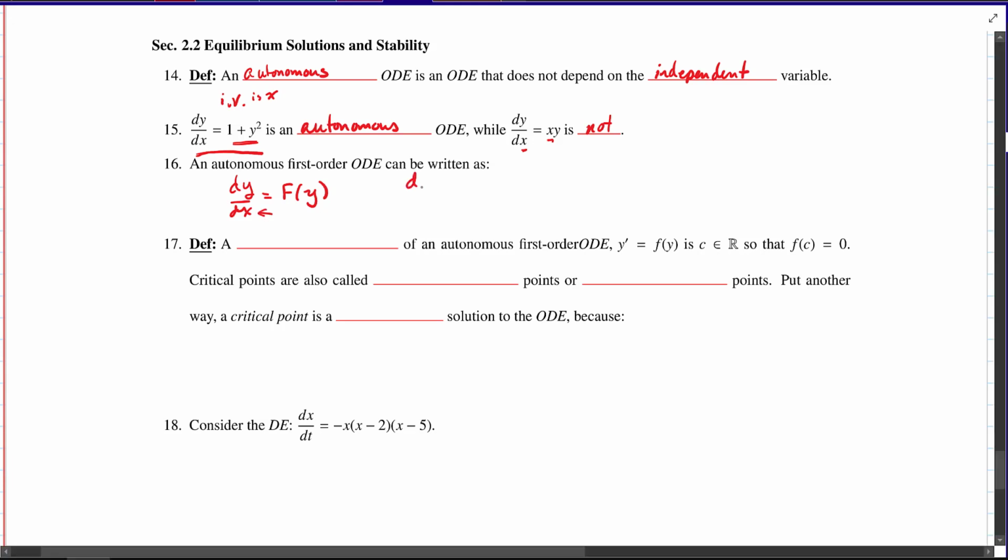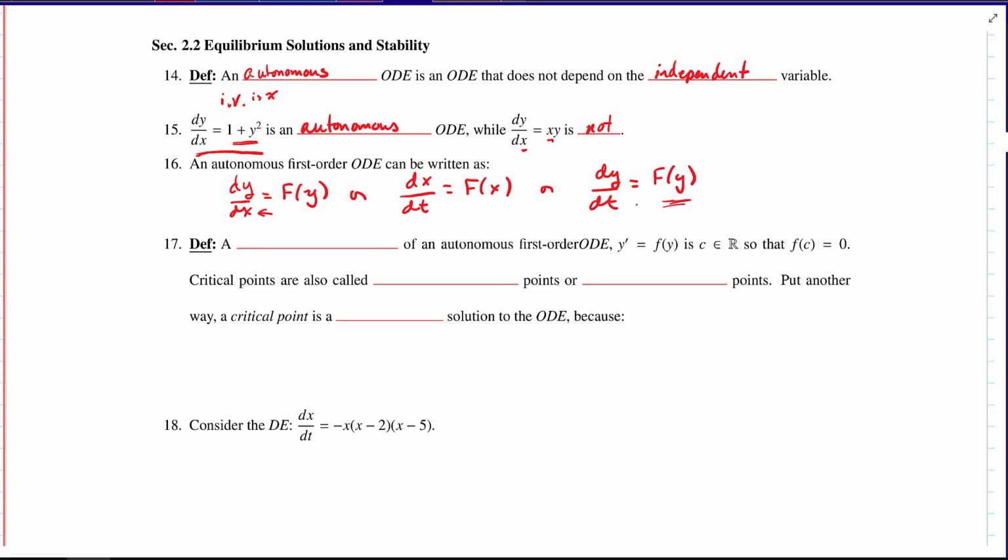So again, if we wrote our differential equation this way, here x is implied to be the dependent variable, t is the independent variable, so this would be autonomous if we could write it as f of x. Or if we were using, say, dy/dt, this is autonomous if it could again be written as f of y. So the key thing is, when we isolate the derivative, putting it in normal form, if that function depends only on the dependent variable, then this is an autonomous ODE.